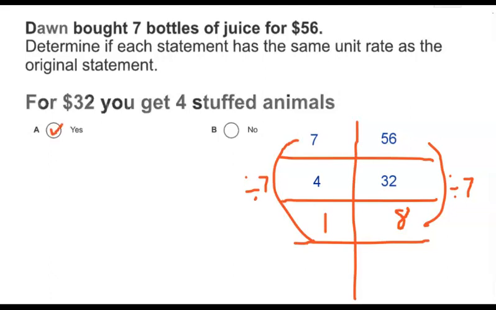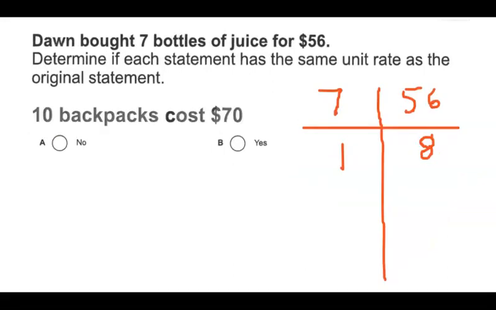It is yes. All right, so I kind of put some stuff here already. It says Don bought 7 bottles of juice for $56. It says determine if each statement has the same unit rate as the original statement, and then it has 10 backpacks for $70. Well, what I did was I utilized this 7 bottles for 56 and put them in a ratio table.